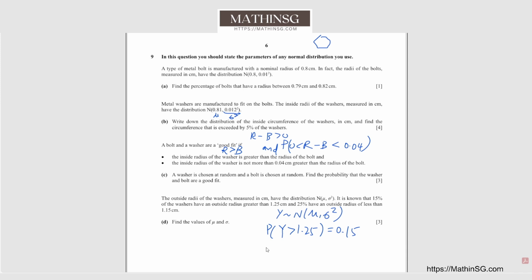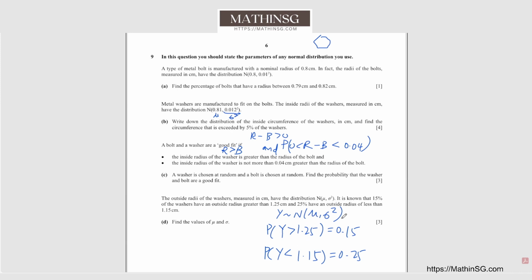And I also have a probability of 0.25 when the outer radius is less than 1.15. Okay, so now because mu and sigma are unknown for your normal distribution, you will need to standardize it. That means change it to z, right?